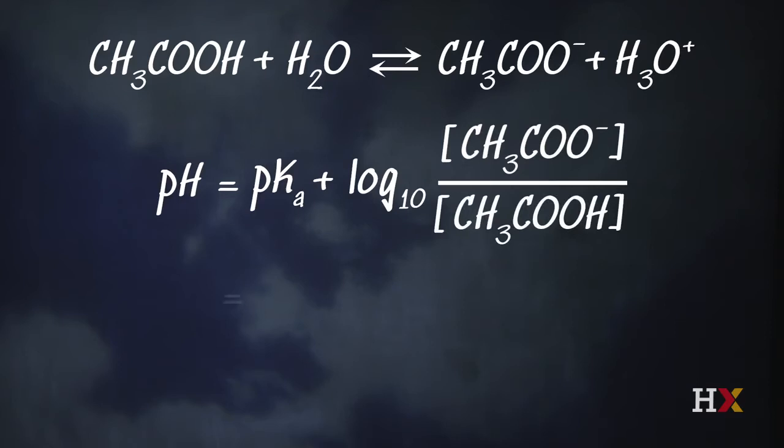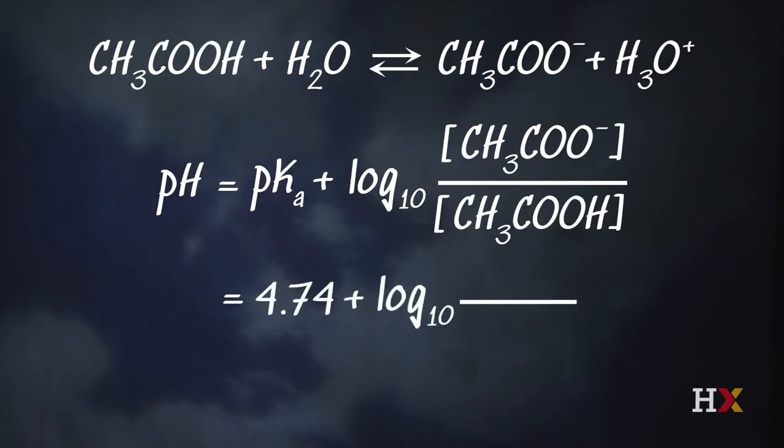In this case, we have our pKa, which is always the case for this acetic acid dissociation. That's 4.74. And then we have the log of the ratio of the acetate anion, that's 0.560, that's given to us in the problem, divided by the molar concentration of the acid, 0.250.